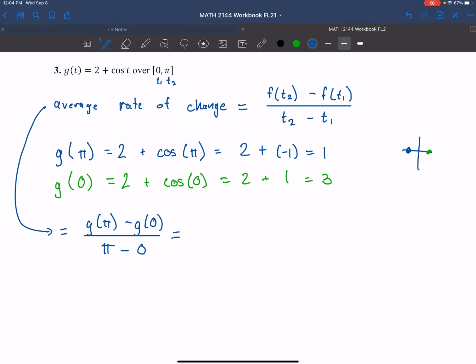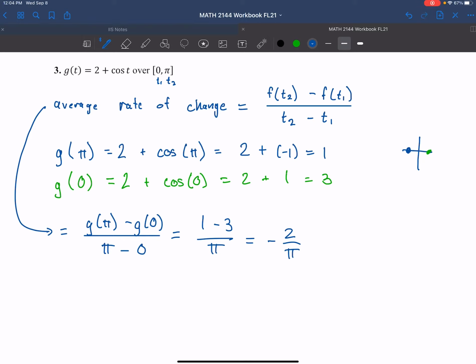We computed g of pi as 1 and g of 0 as 3, so it's 1 minus 3. In the denominator, we'll just have pi. So this is -2 over pi. That is the average rate of change. Any questions on the computation there?